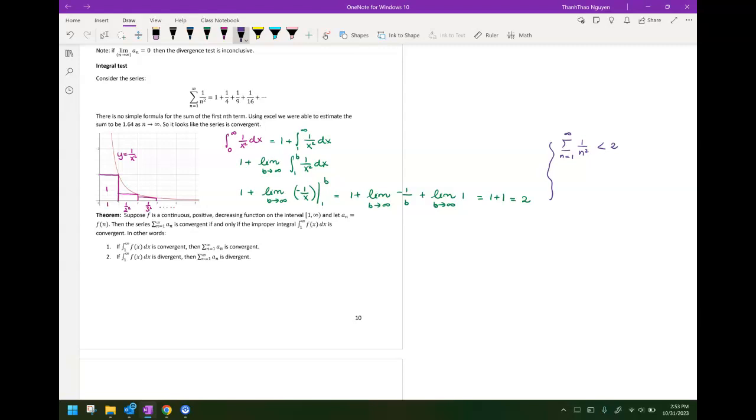So this series converges. So the sum from n equals 1 to infinity of 1 over n squared is convergent, and that is bounded above by 2.